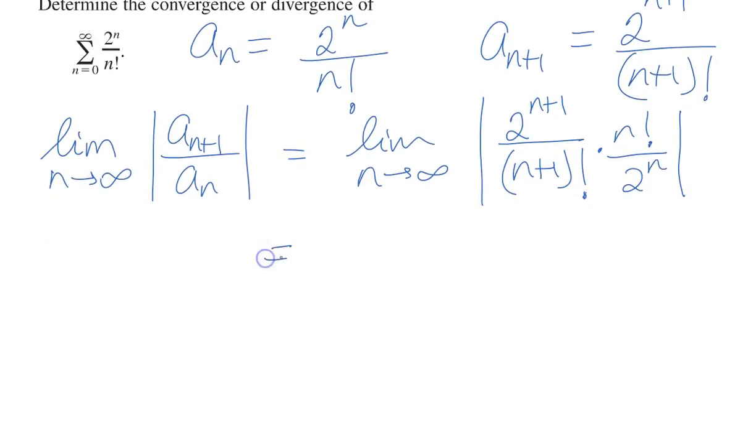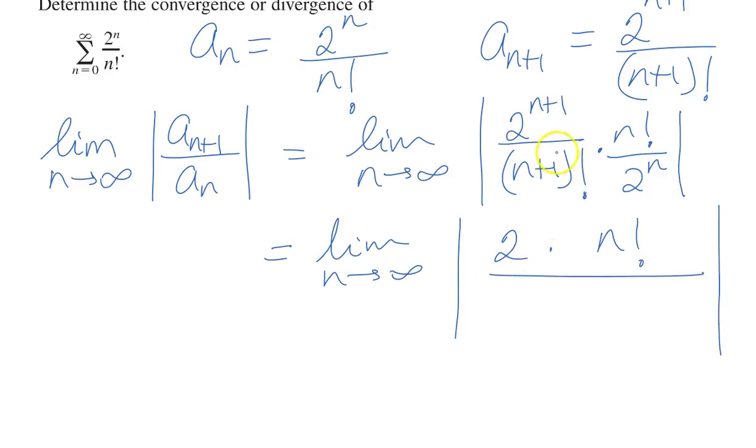As you may remember, earlier on in 9.1 we spent some time simplifying factorials. I hope you can simplify this without much difficulty. Okay, so 2 to the power n plus 1 divided by 2 to the n is actually 2, right? Because you have an extra 2. Guys, when it comes to factorials, write the larger factorial using the smaller factorial. So I'm going to write (n plus 1) factorial as n factorial times (n plus 1).